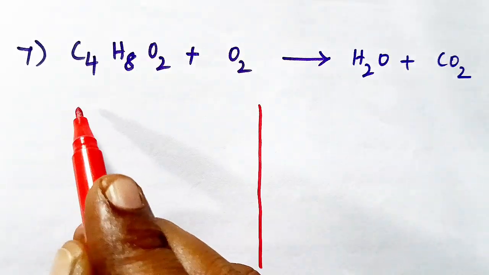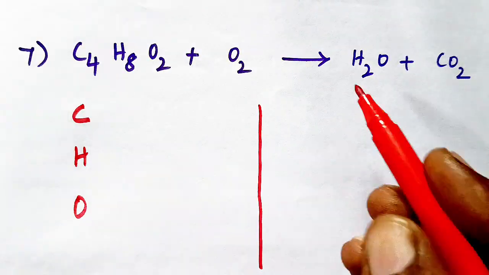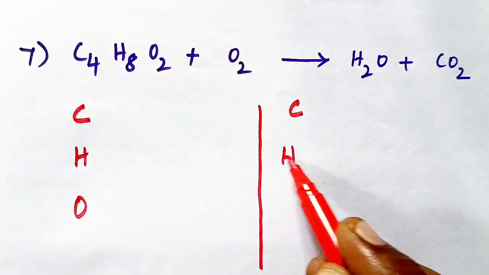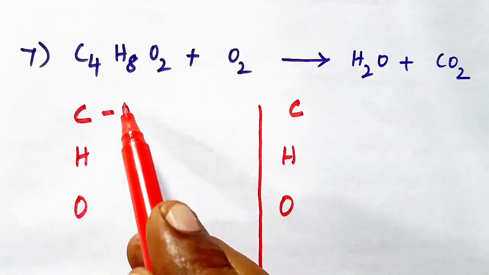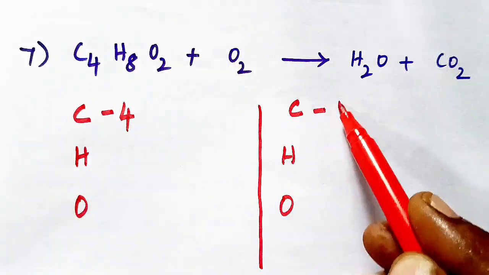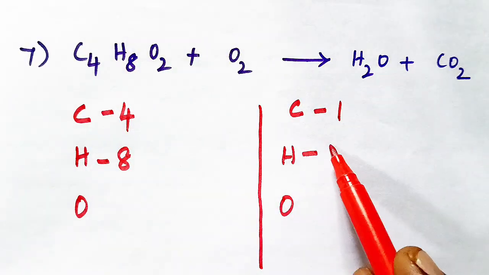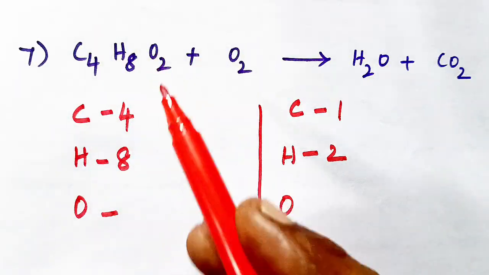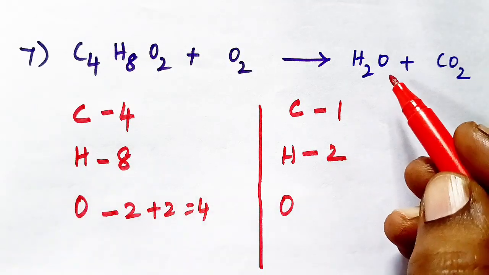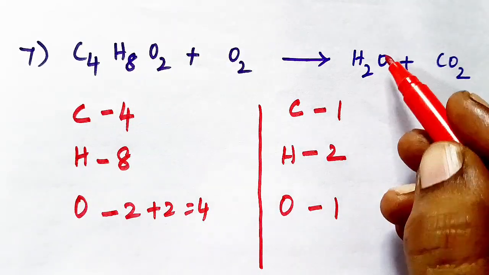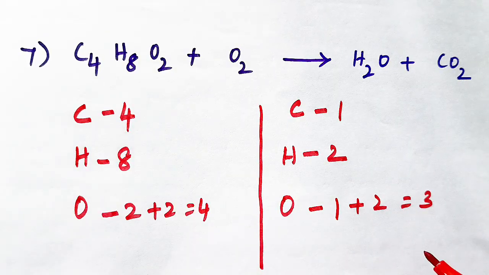On the reactant side you have carbon, hydrogen, then oxygen. On the product side also carbon, hydrogen, oxygen. Carbon has 4 on one side and only 1 on the other, hydrogen 8 and 2, and oxygen 2 plus 2 is equal to 4 on one side, and 1 plus 2 is equal to 3 on the other.